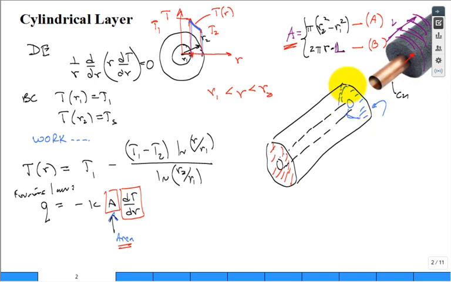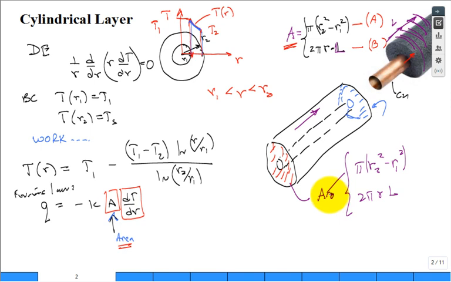Do you see that? And what direction would the flow of heat be? Down the length of the pipe. And in that case, what would my area be? Would it be pi (r2 squared minus r1 squared)? Or would it be 2 pi r L?